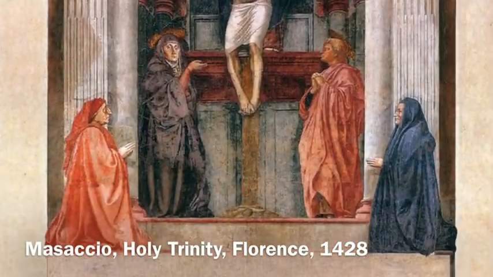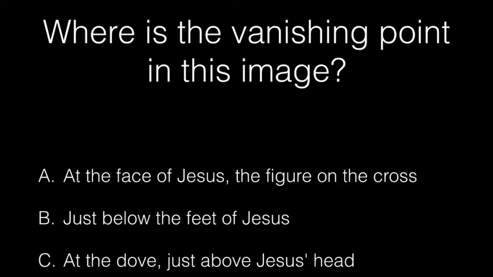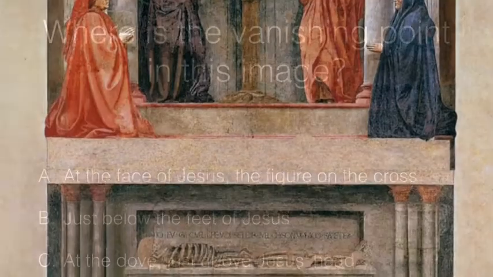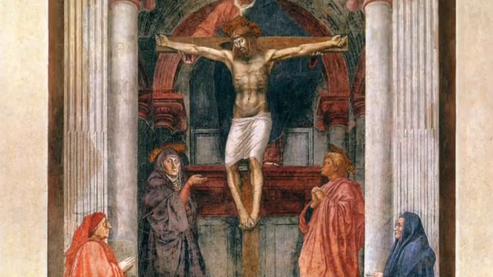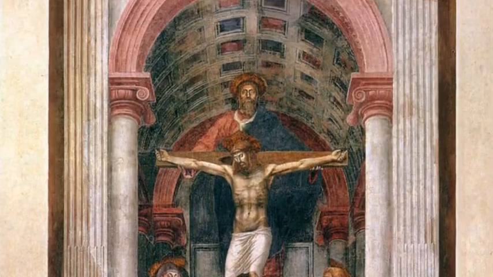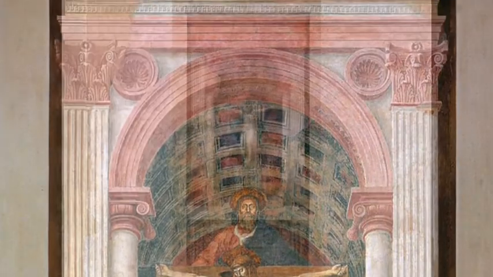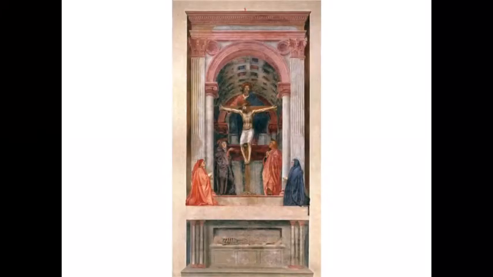In this image, we'll find where the vanishing point is. Is the vanishing point at the face of Jesus? The figure on the cross? Is it at his feet? Or is it at the bottom where the skeleton is?